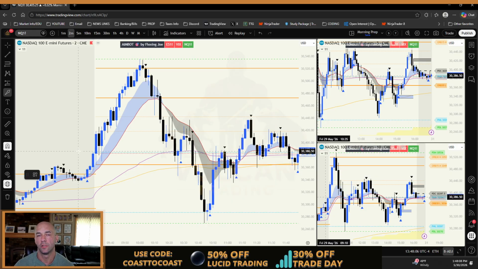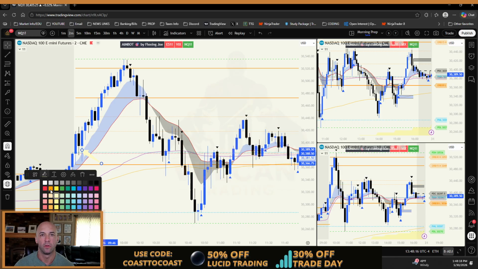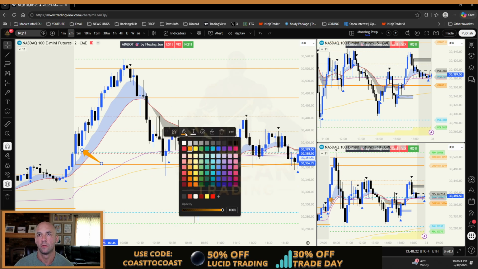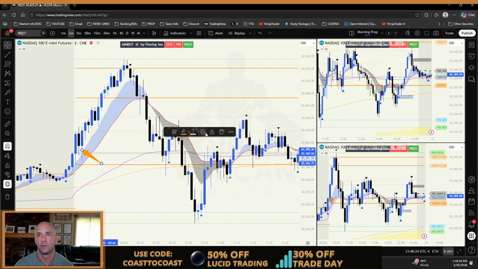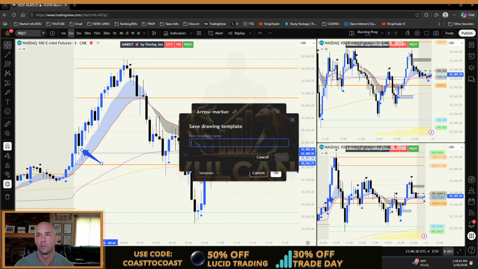And this was at 9. So this was early in this candle, like right here. I don't want to magnetize. Come on. Man, we got to change the color on this bad boy. Settings, template, save as default.